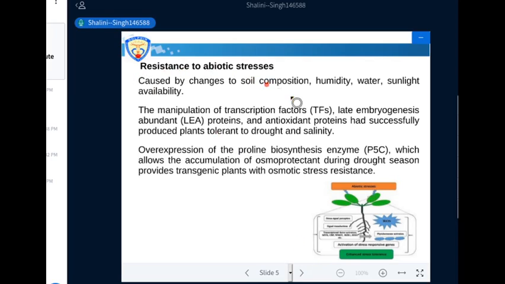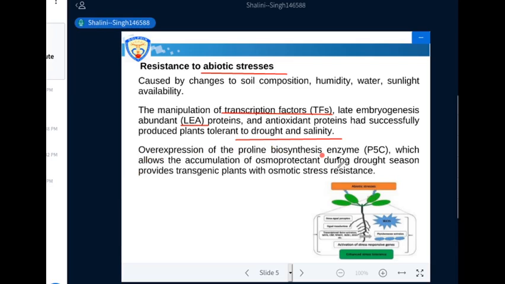The second application of transgenic crops is resistance to abiotic stress. Abiotic stresses are caused by changes to soil composition, humidity, water, sunlight availability, etc. Transgenic plants with abiotic stress resistance have been generated by the manipulation of transcription factors, late embryogenesis abundant proteins, which are known as LEA proteins, and antioxidant proteins, which have been successfully produced in plants and make plants tolerant to drought and salinity.